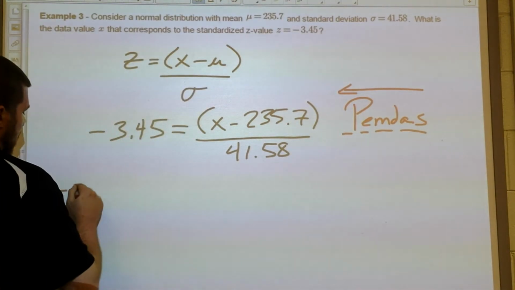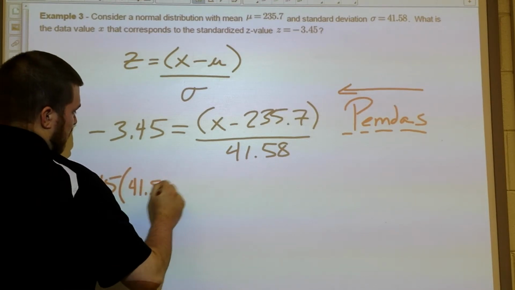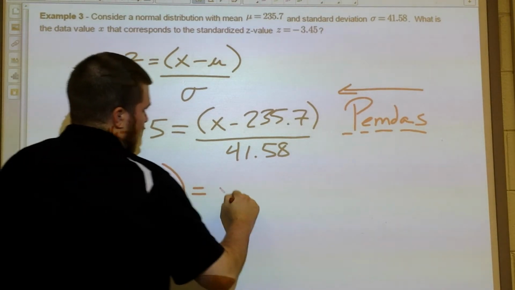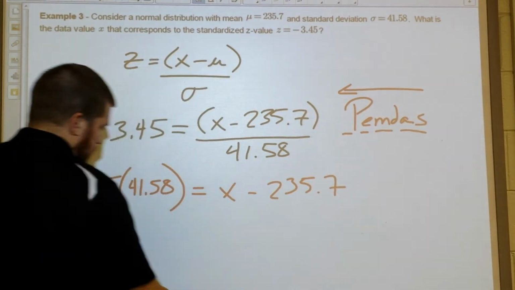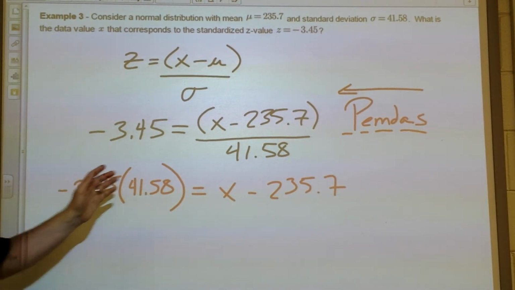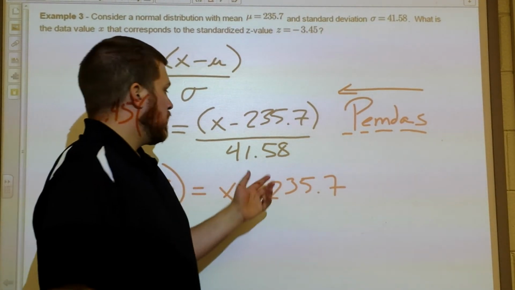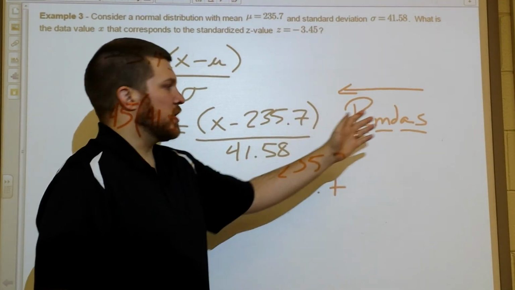So I have -3.45 times 41.58, and that's equal to x minus 235.7. Now what I want to do is get x by itself. I don't see any exponents. I don't see any more parentheses, so I start the process over.